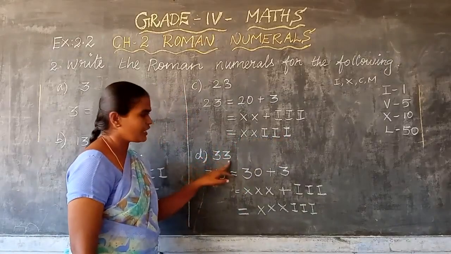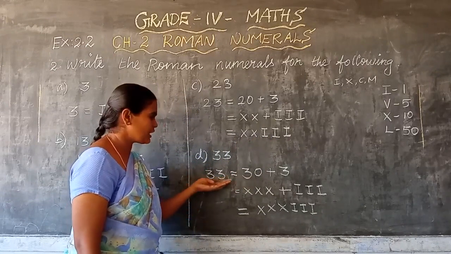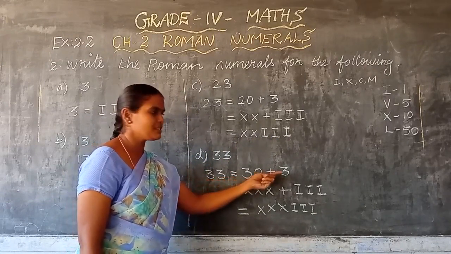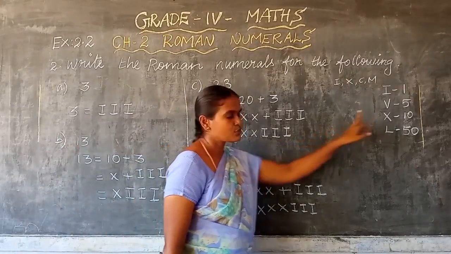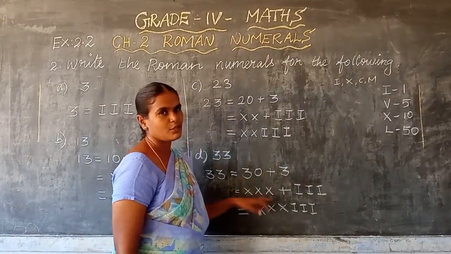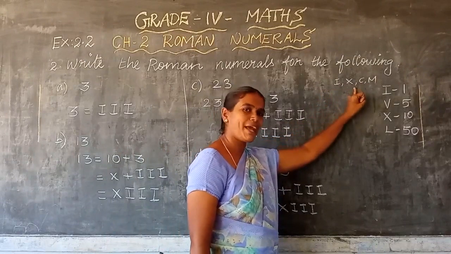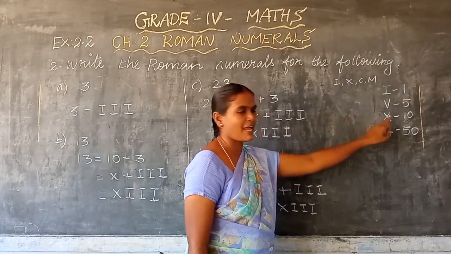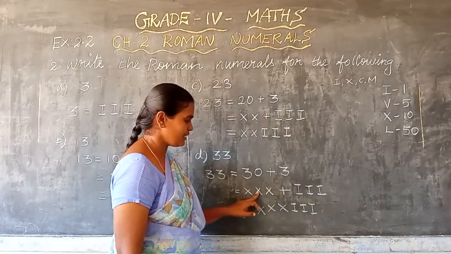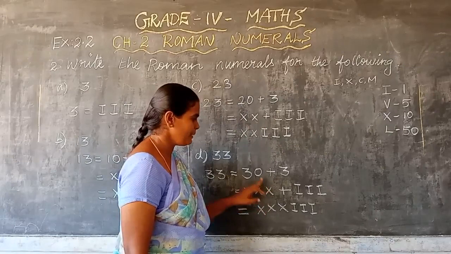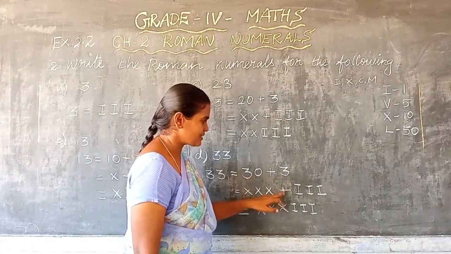D question, 33. So first you write the expanded form of 33. 33 is equal to 30 plus 3. 30: X value 10. So I am writing 3 times X. So the first rule, we know very well, I, X, C, M can be repeated maximum 3 times. So X I am writing 3 times. X value 10, 10 plus 10 is 20, 20 plus 10 is 30. So 30 means XXX plus 3.